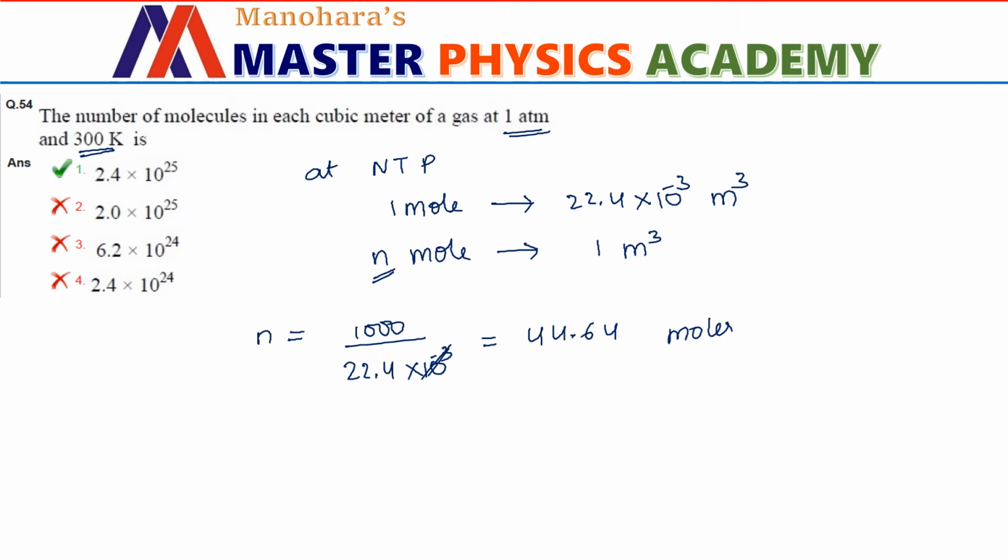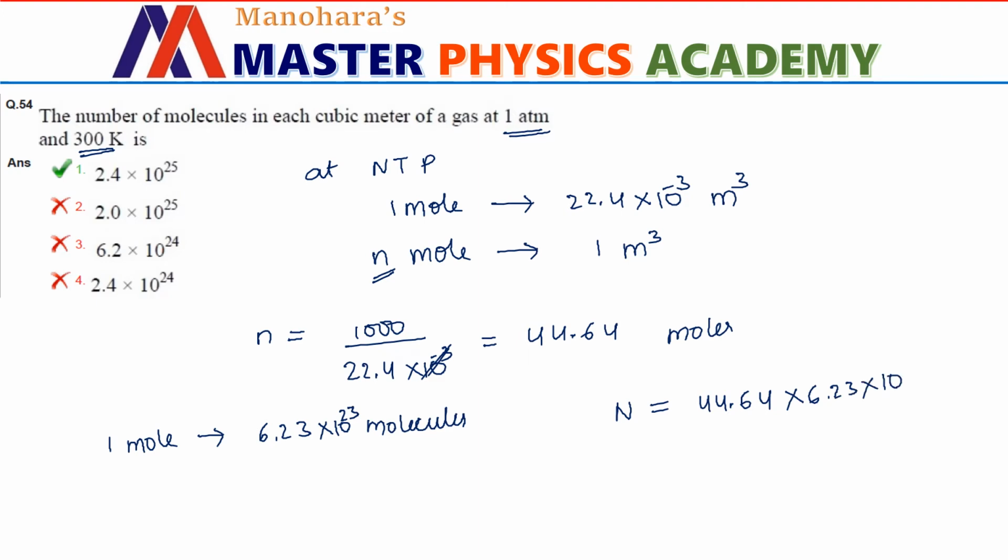Now we know that 1 mole contains 6.23 into 10 to the power 23 molecules, right? Therefore, 44.64 moles will contain how many molecules? It is going to be 44.64 into 6.23 into 10 to the power 23.